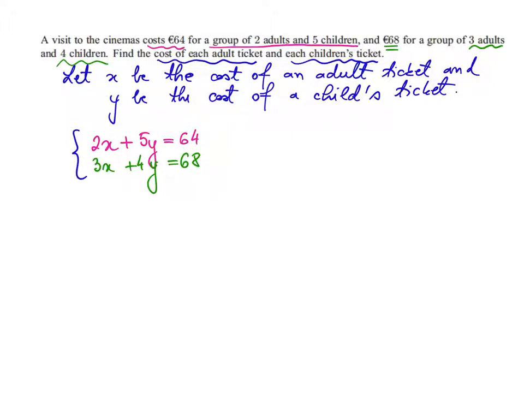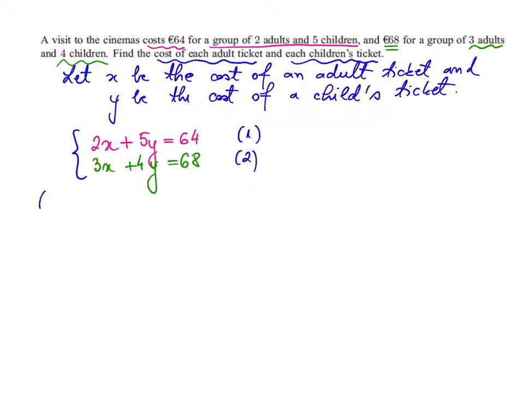So now I'm going to solve the simultaneous equations. Let me label them 1 and 2. None of the coefficients is the same: 2, 3, 5, 4. So maybe I'll get rid of x. I'll multiply the first equation by 3 and the second by 2 to get 6x here and 6x here.